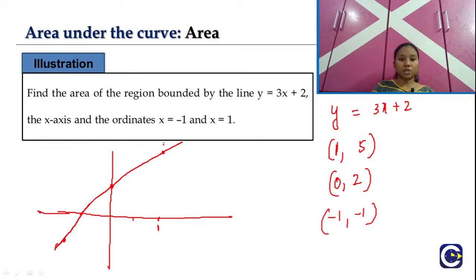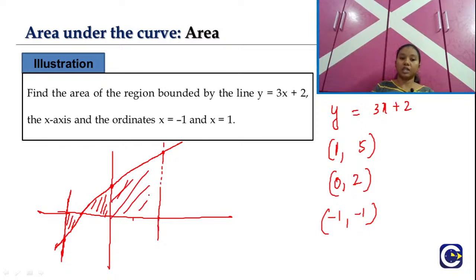At x equal to 1 they have given, so we can drop a line here, and x equal to -1, you can drop a line here, right? This one and this one. So what will be the area bounded here by the x-axis and these two lines? This part will be one thing and this part will be the other thing, and this entire part.